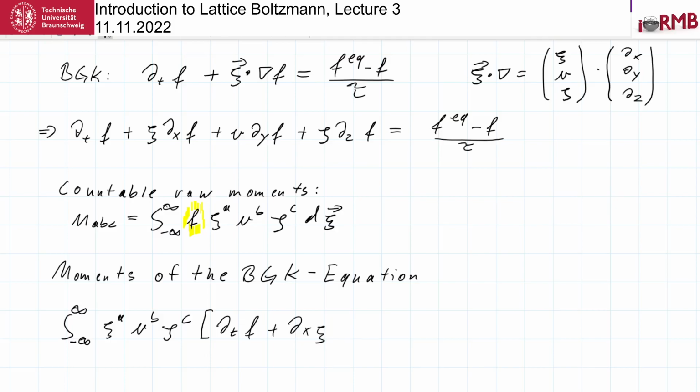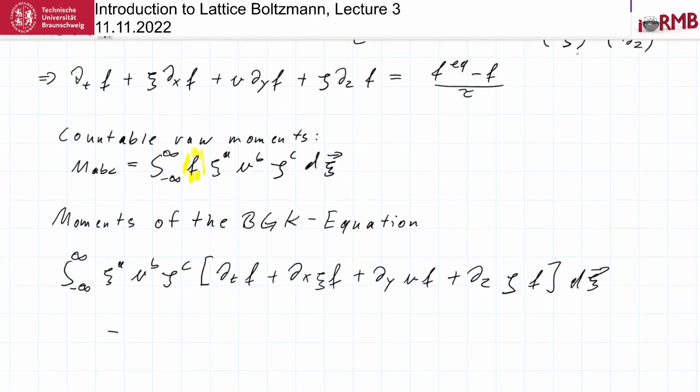You remember that xi was actually in front of the differential operator, but because xi here is not dependent on f, we can put it inside this derivative, d_y epsilon f plus d_z theta f, and this we have to integrate over the entire velocity space.